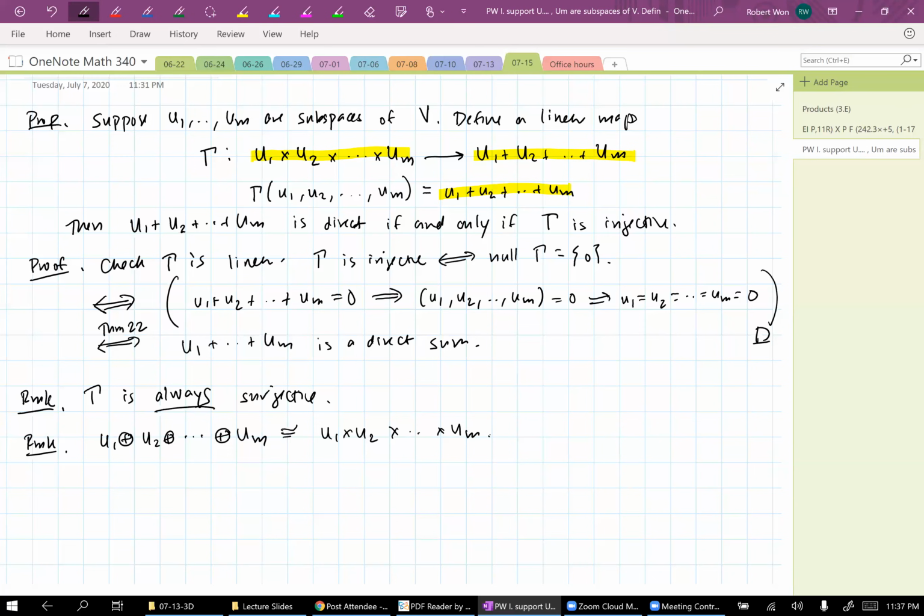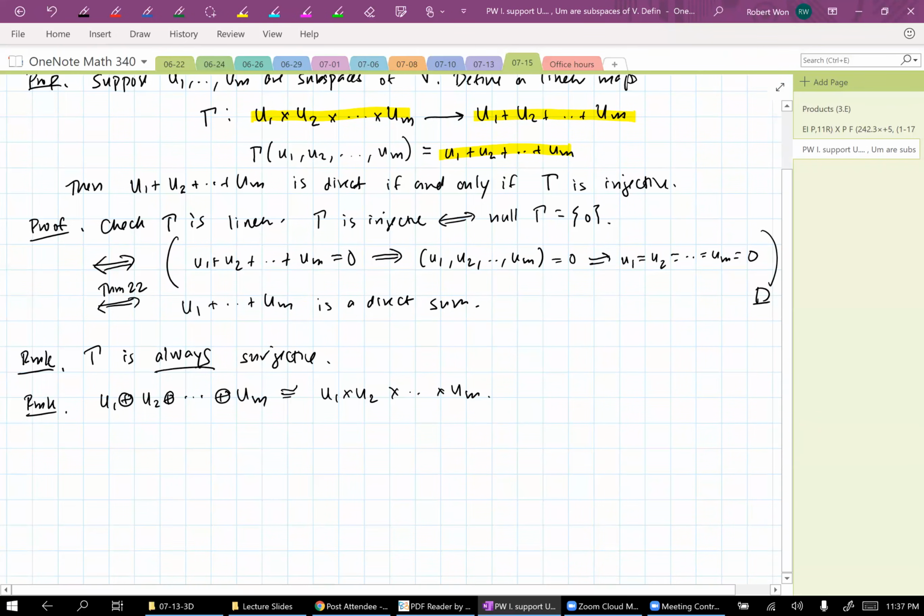And the next result, which probably I can still fit on here, refers to this situation. So now suppose that V is finite dimensional, which I didn't assume previously, and u1 through um are all subspaces of V. Okay, which means also that they are all finite dimensional.